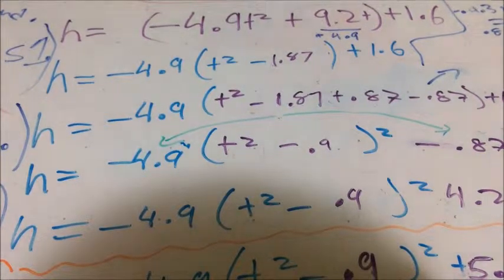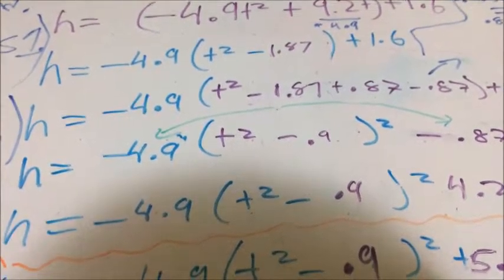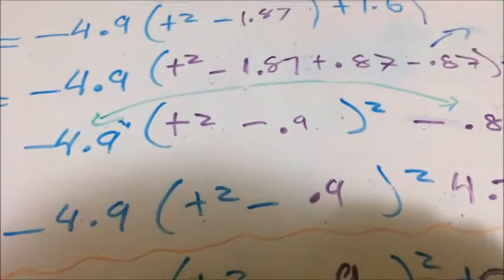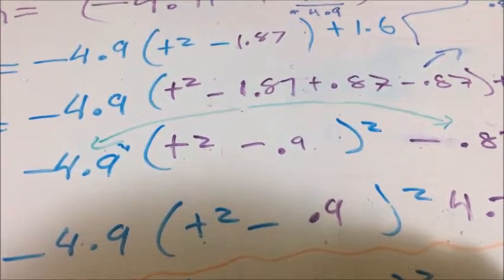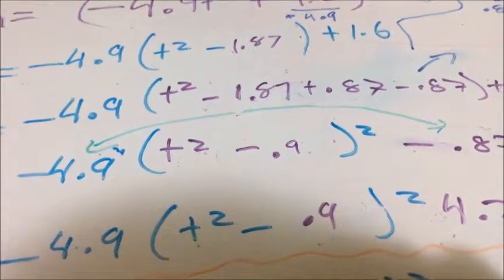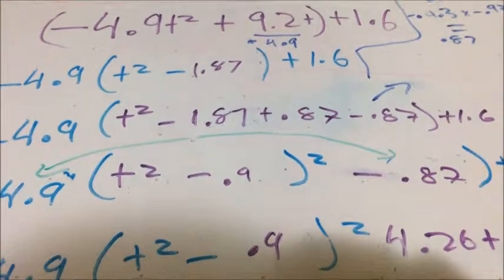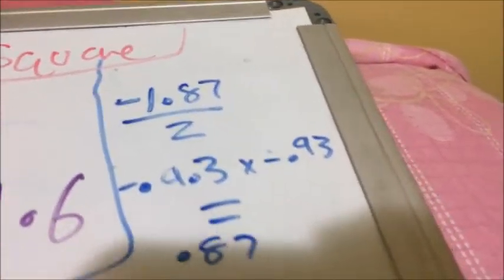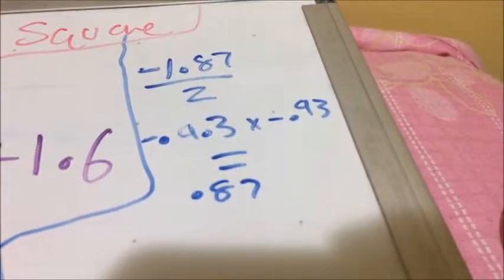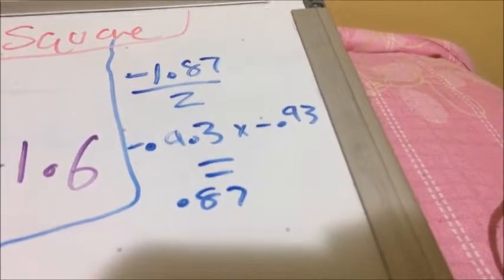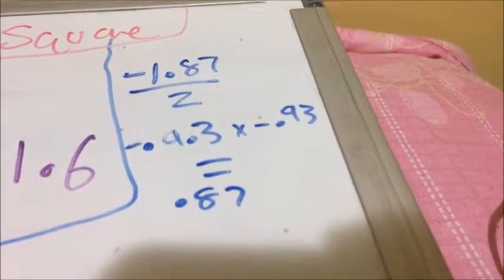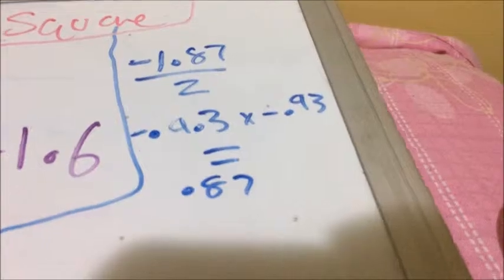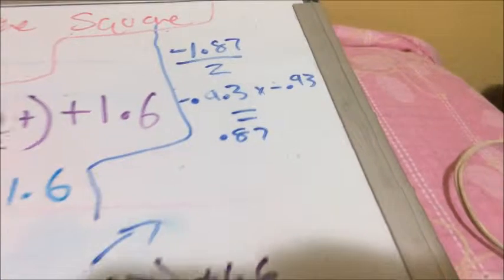For the second step, what we have to do is take the second term, which is negative 1.87, divide that by 2, square it, and add it, and then subtract it to balance the equation. So we take negative 1.87, divide that by 2, which gives us negative 0.93, times it by itself, which gives us 0.87.